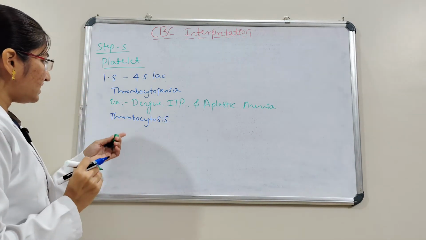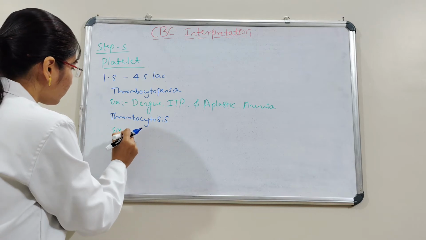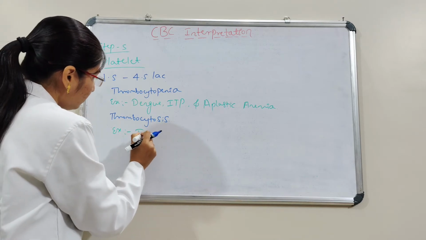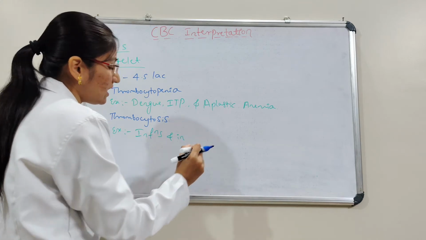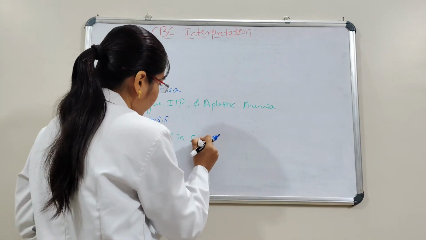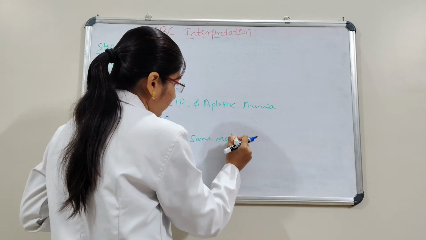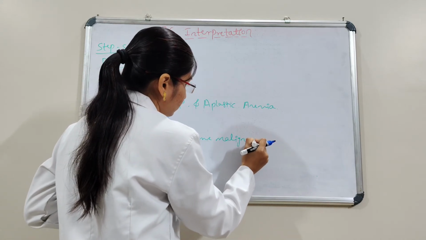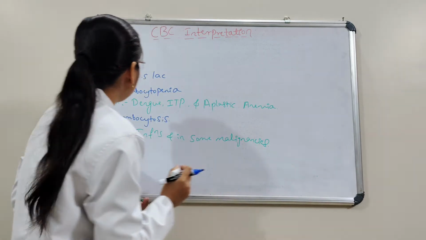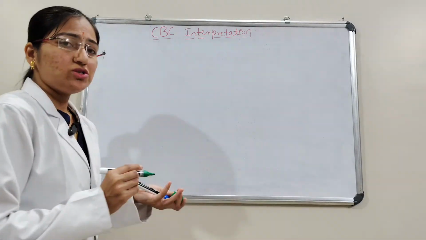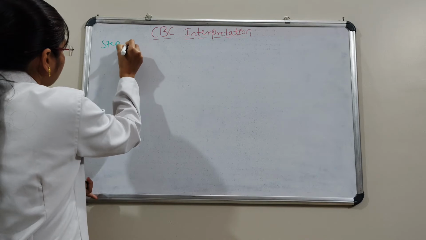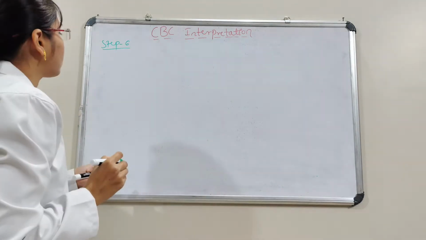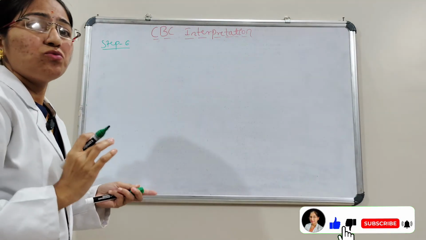We can see it in infections and in some malignancies. This is the fifth step. Next we'll see the sixth step, red flag values.